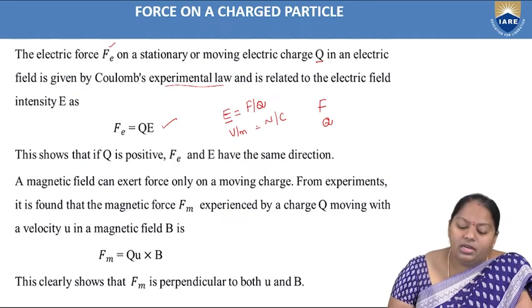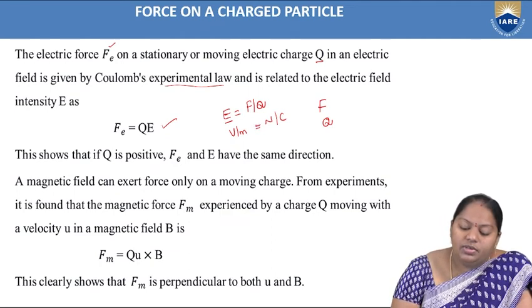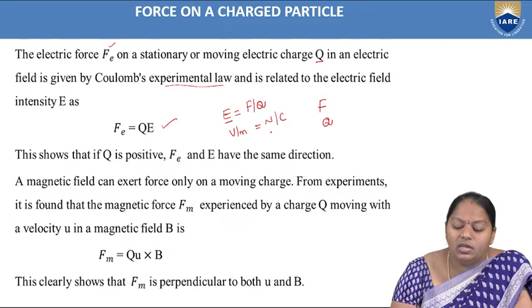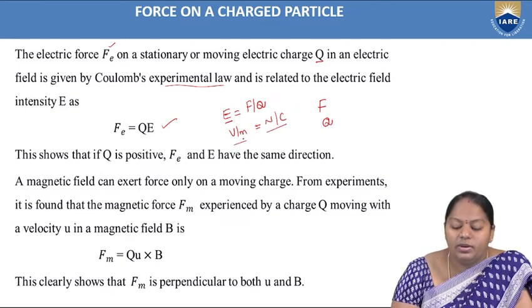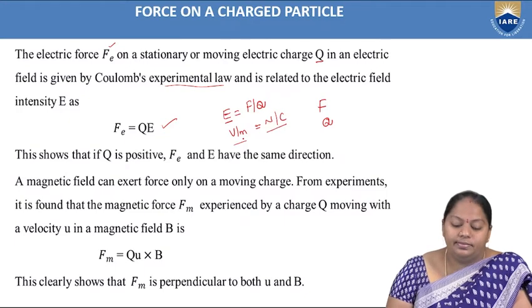So there are two different units for electric field intensity: sometimes we consider newton per coulomb, and sometimes volts per meter.